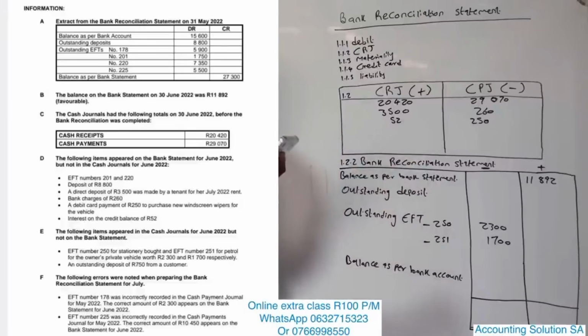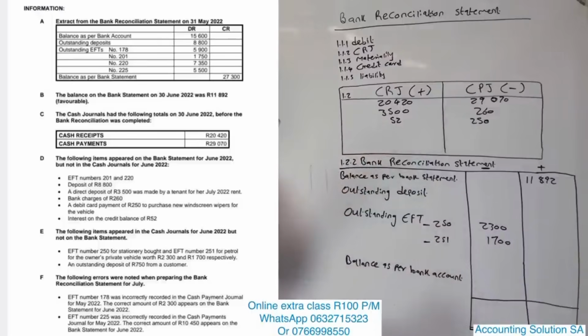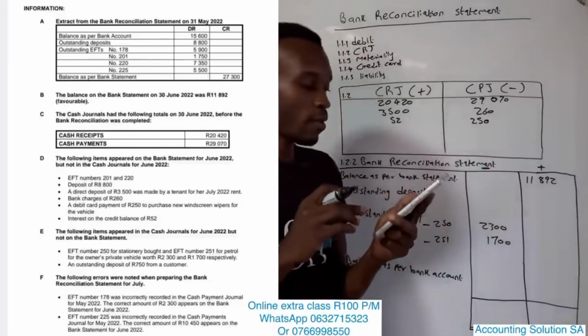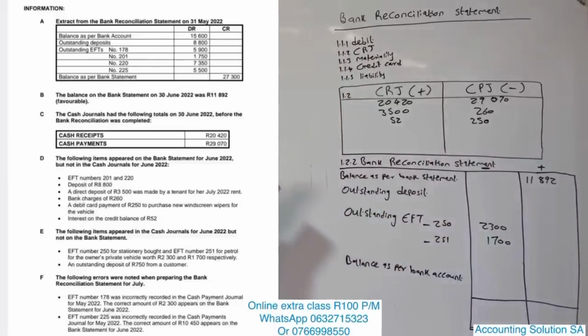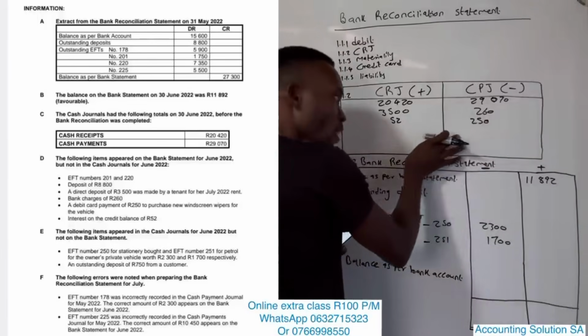They said EFT number 178 was incorrectly recorded here, which means that 5.9 was wrong. Remember, it's for last month, the one that we checked at 5.9. Now we have to correct. In our books we recorded more, which is 5.9, instead of recording less, which is 2.3. Now we have to say 5.9 minus 2.3, and we reverse because we recorded an over amount here.